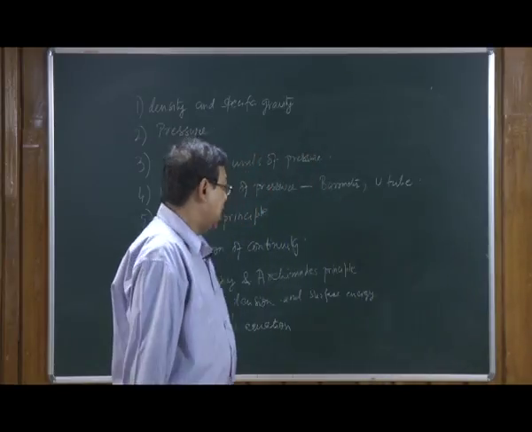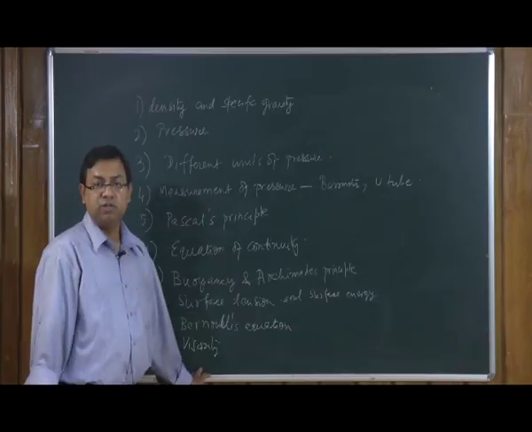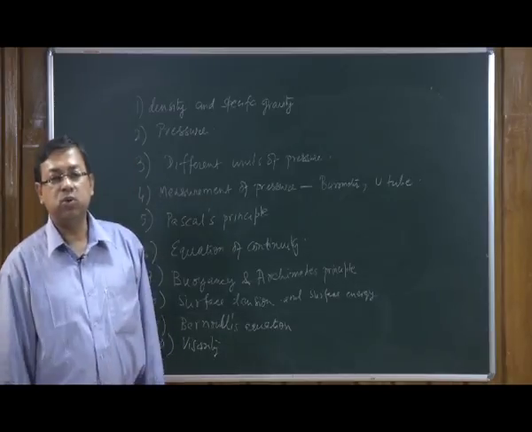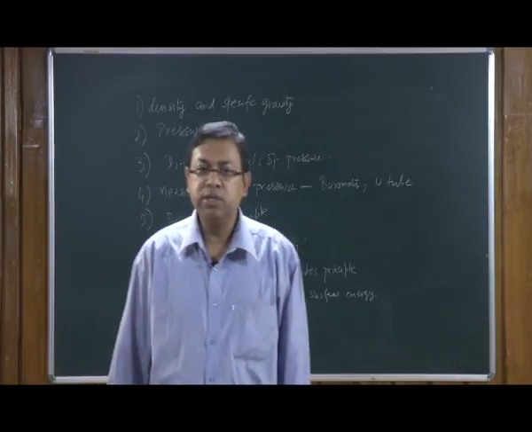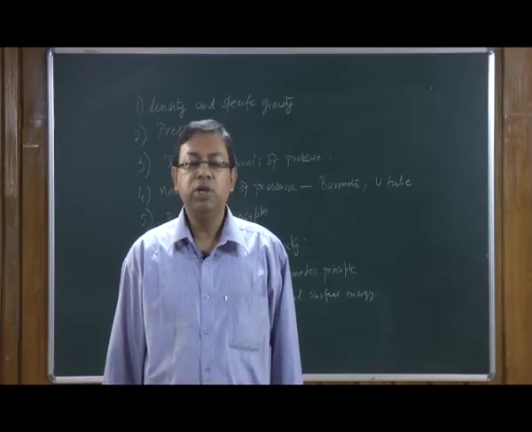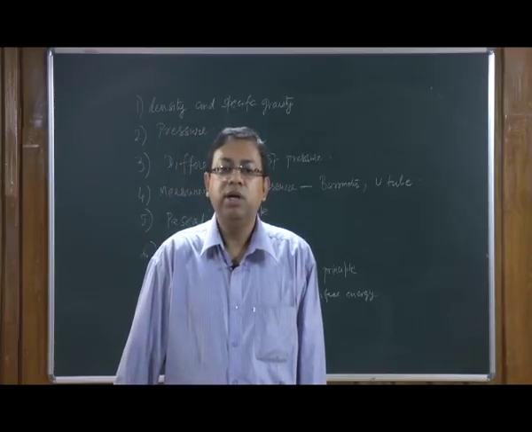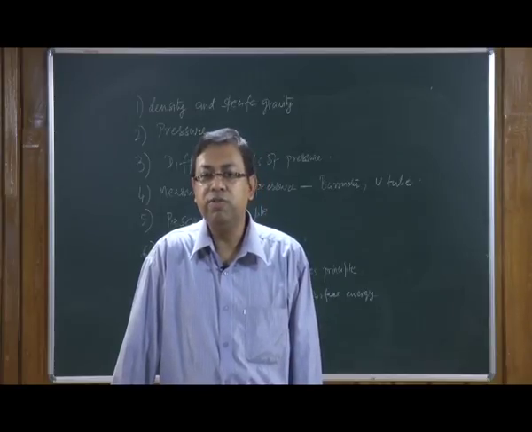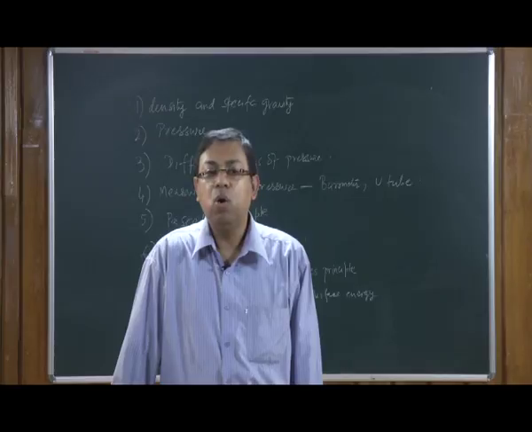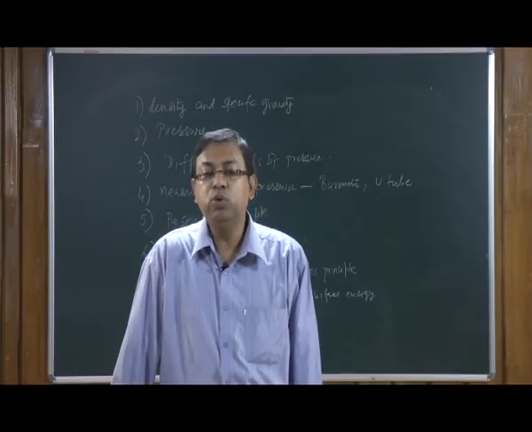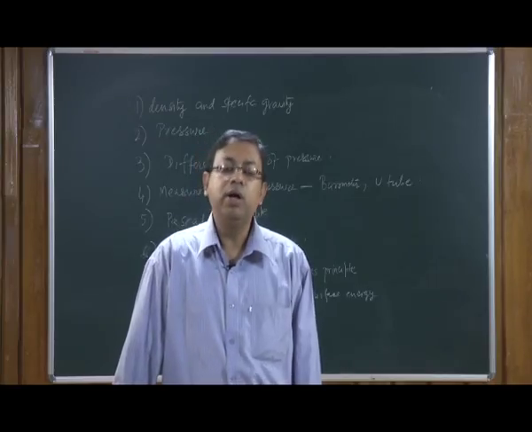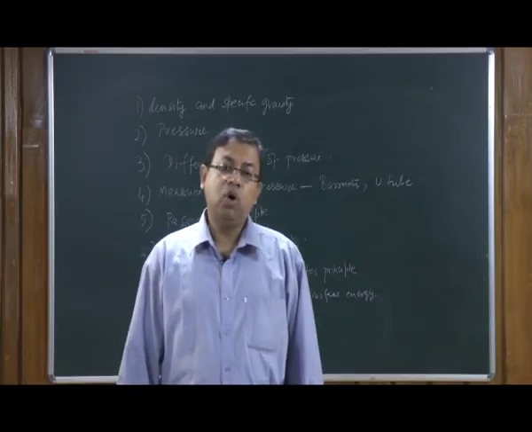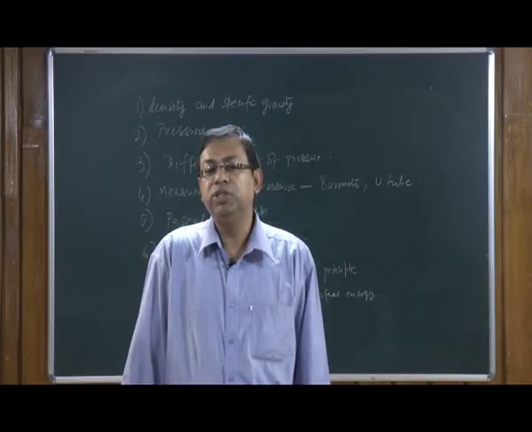In that connection, we have defined the coefficient of viscosity and also Poiseuille's formula, which talks about the flow rate and how it depends on the pressure difference between the two ends, the length of the tube, and the radius of cross section through which the fluid is flowing.